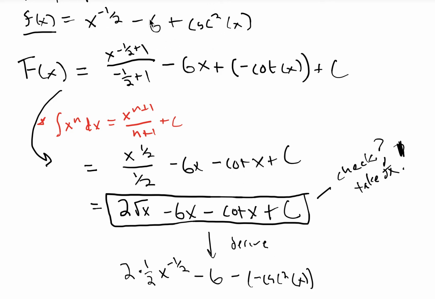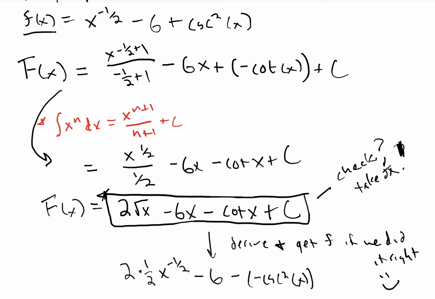We get exactly f back once we derive, okay? And what that shows is that we derive and get my original f, so we did it right. And since it matched, we actually did it right. So this is our antiderivative that we were looking for.